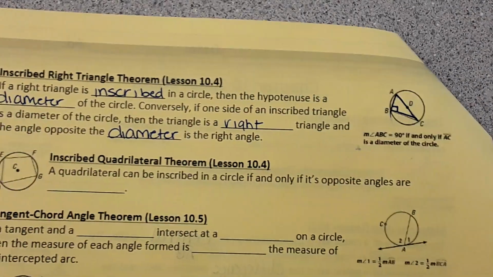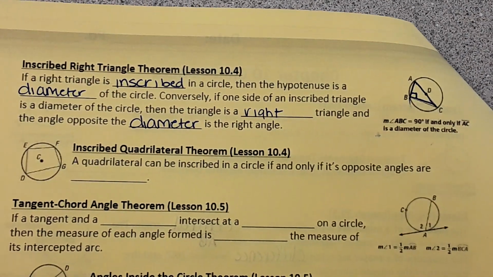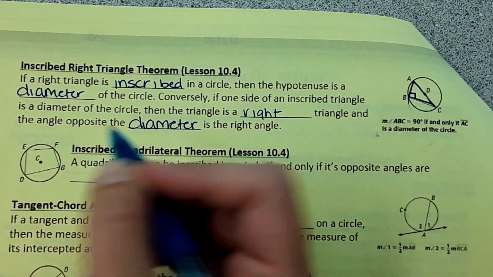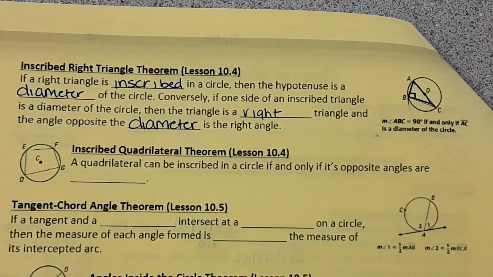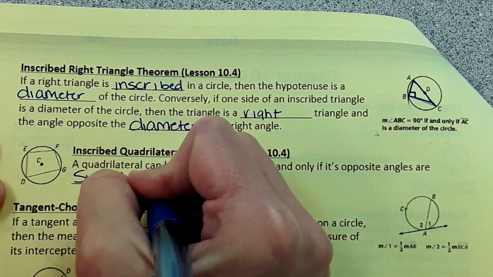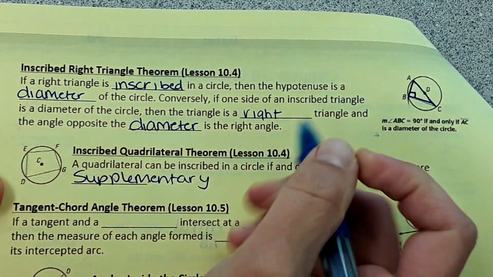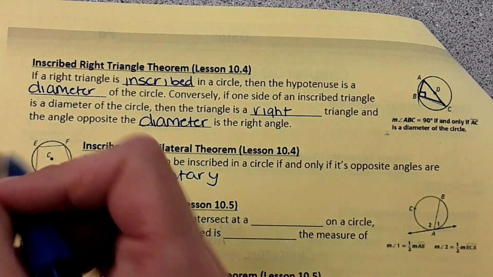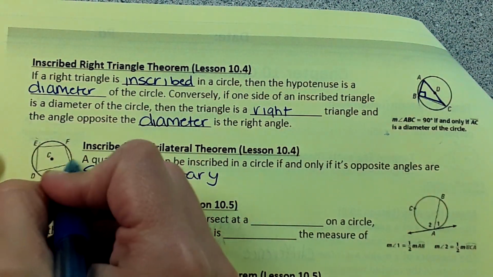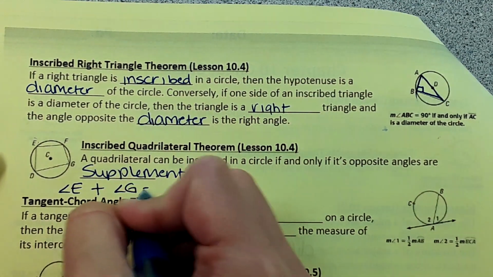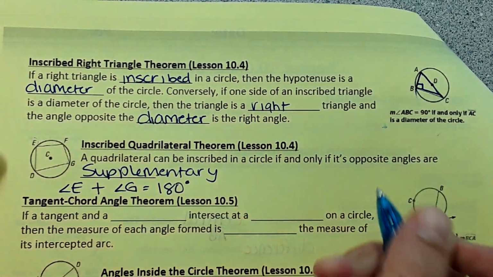And let's look at the last theorem, the inscribed quadrilateral theorem. Notice that there is a quadrilateral inscribed in this shape. A quadrilateral can be inscribed in a circle if and only if its opposite angles are supplementary. That means that they add to 180 degrees. So that means that angle E and angle G would equal 180 degrees if you added them together.